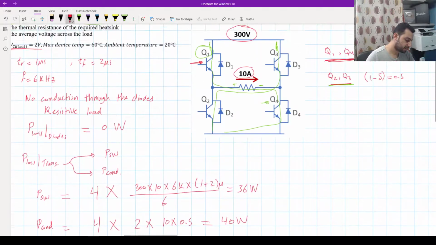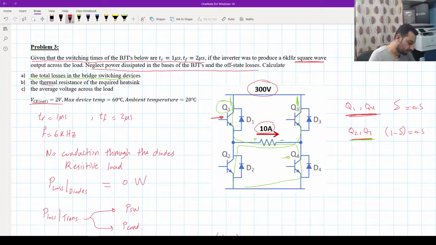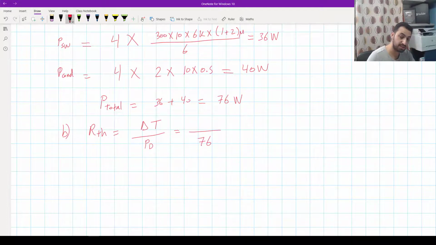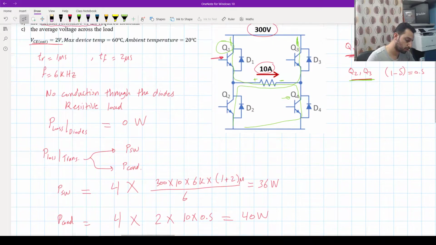Now the second requirement, or the second question, is the thermal resistance of the required heatsink. Once you have this question, just write the thermal resistance equals the difference in temperature divided by power dissipation. I think we know the power dissipation, which is 76 watt. What is the difference of temperature we want to maintain?